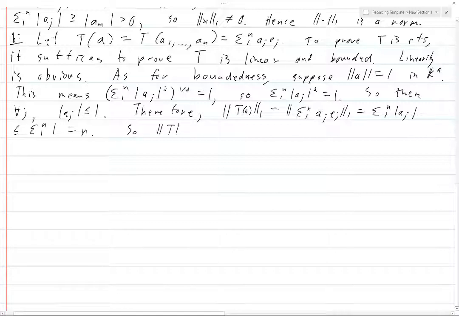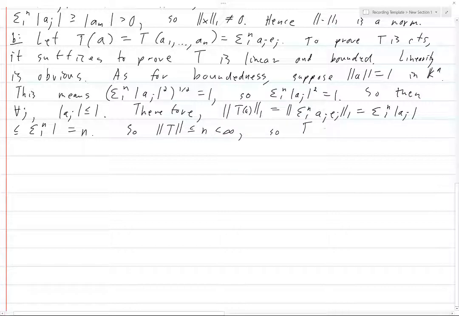So the norm of T is less than or equal to n because it's a supremum over all such 1 norms of TA where the Euclidean norm of A is 1. So this is less than or equal to n, which is a finite number.